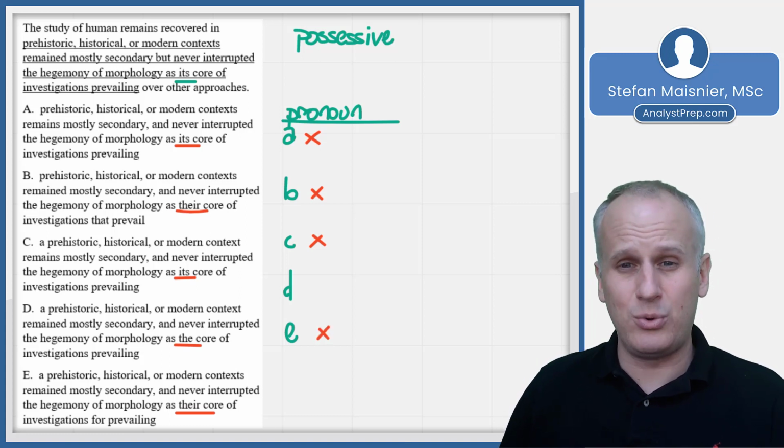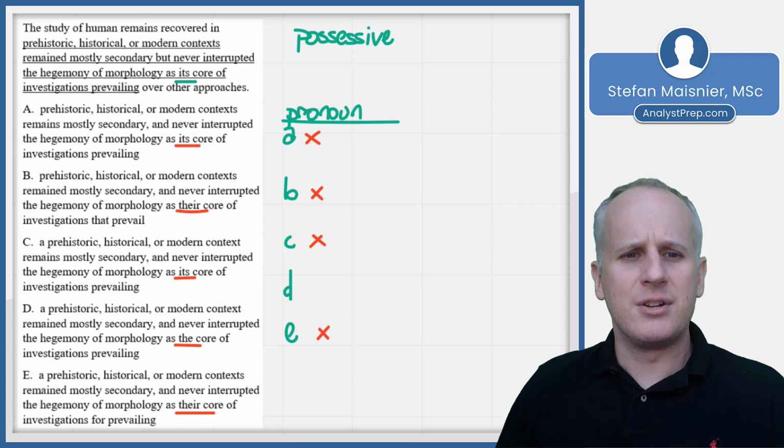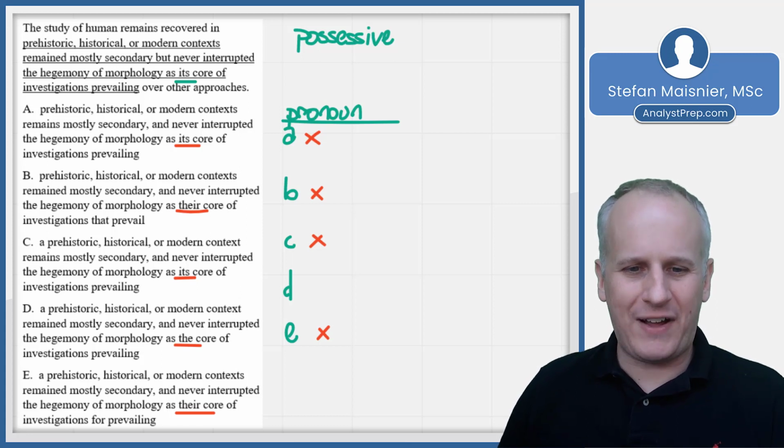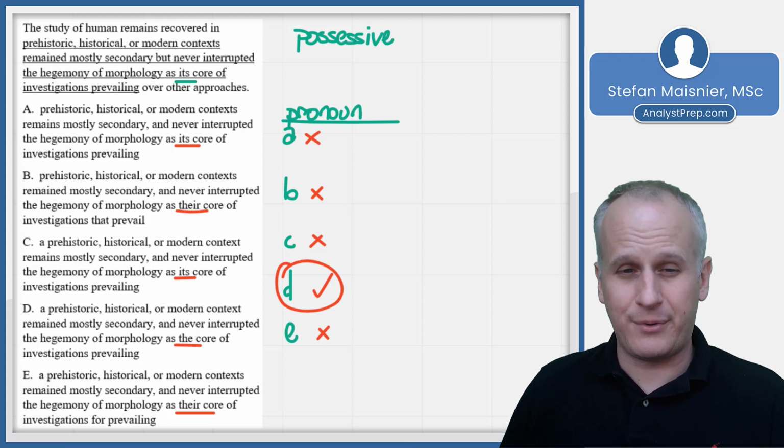So we then just read choice D back into the original sentence to confirm that no other ambiguities have been introduced. So the study of human remains recovered in a prehistoric, historical, or modern context remained mostly secondary and never interrupted the hegemony of morphology as the core of investigations prevailing over other approaches. There's no ambiguity here in any of those pronouns or referents.